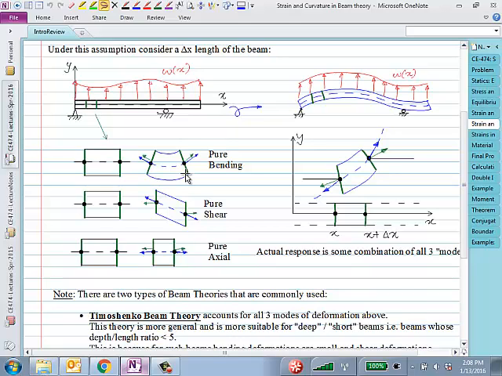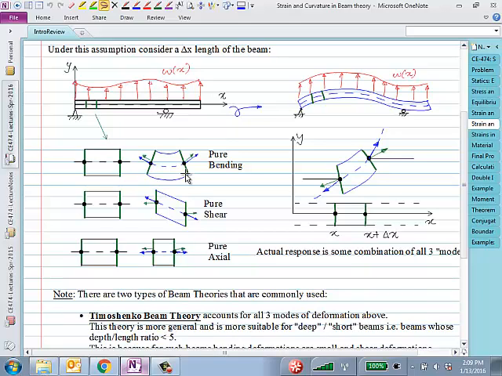When I apply some moment at the ends, those two cross sections are bending toward each other. Make sense? Let's say this face is one cross section, this face is another cross section. The bending deformation between two adjacent cross sections looks something like this. This type of deformation mode of two adjacent cross sections is a bending deformation.